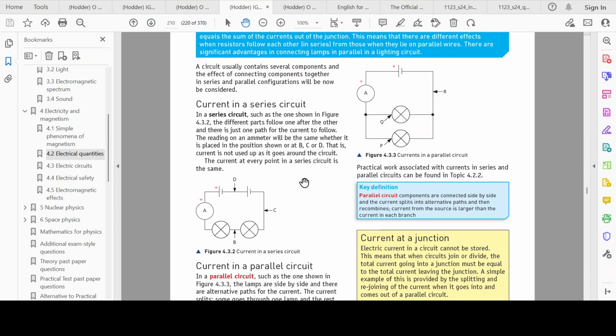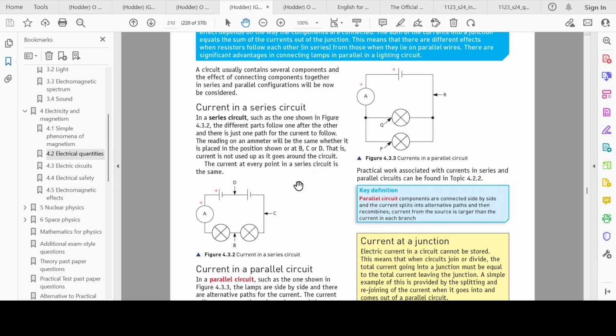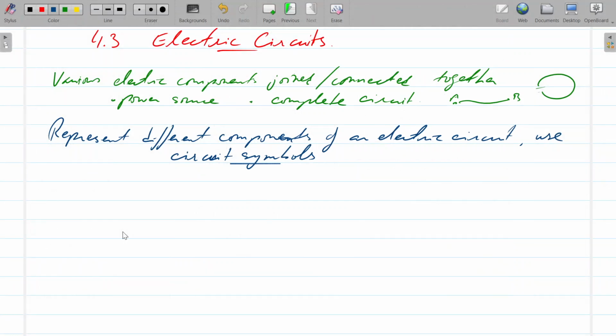Now, we're going to talk about circuits that are set up in series and then circuits which are set up in parallel. So let me go back. Okay. So, right, a circuit can contain many different components.